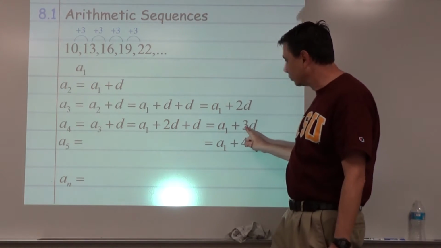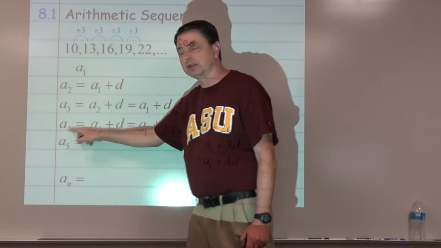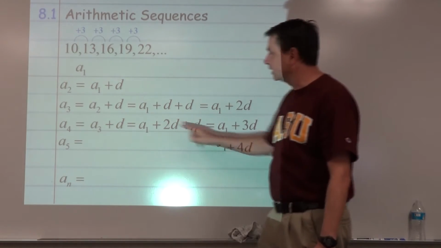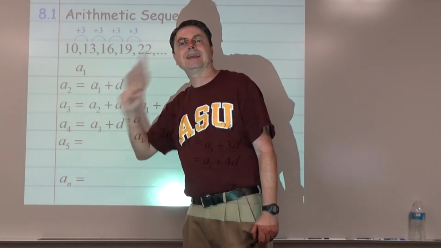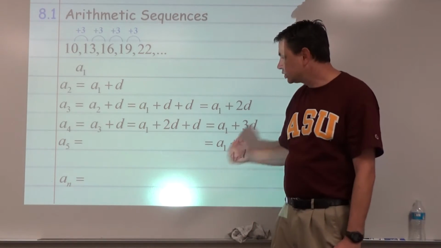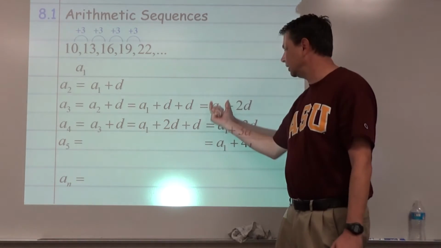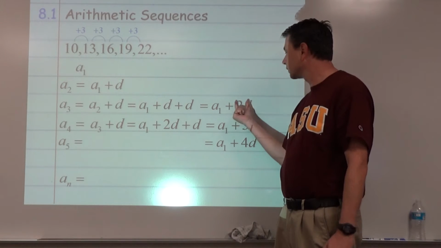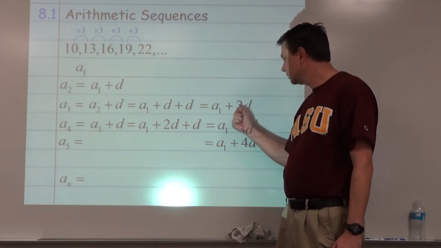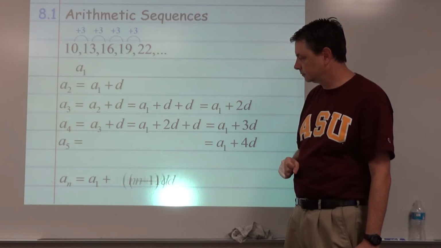It's 1 less. So when we write our formula, it's going to be A sub 1 plus 1 less than the n times D.